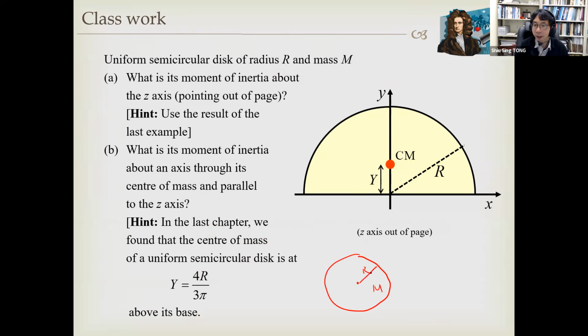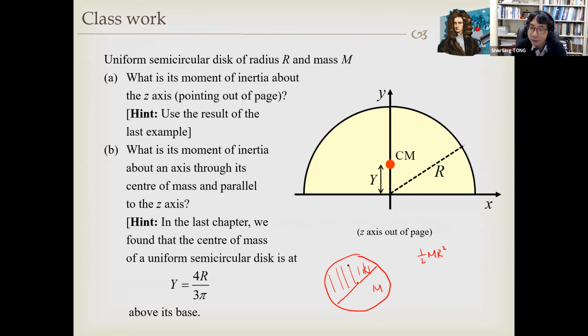You know the answer, right? The answer before is half m r squared. Is that right? What will happen if we divide it into half? If we consider only the upper part but not the lower part, we now have a semicircle. So how would this change?